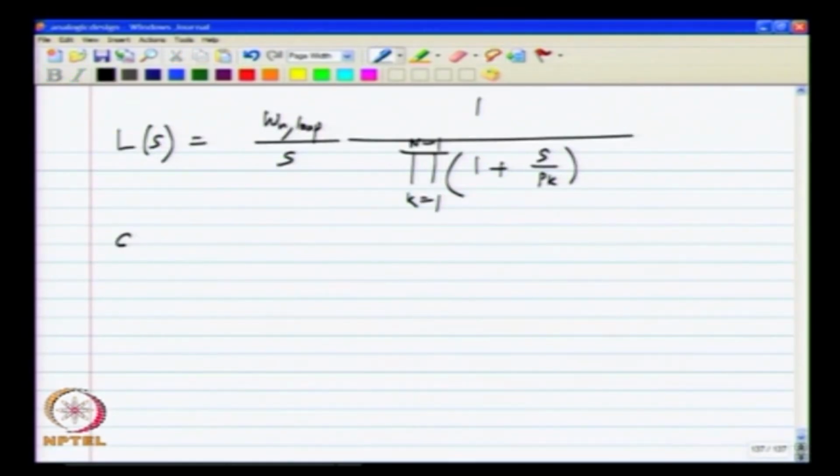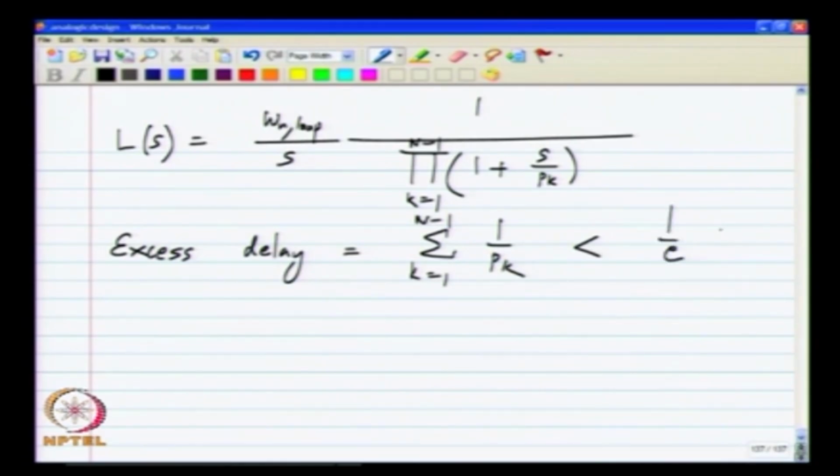The total excess delay here is the summation of all these poles, and this has to be limited to some reasonable value, which is either 1 by e times 1 by omega u loop, or if you are willing to relax it a little more, half of 1 by omega u loop, and so on.